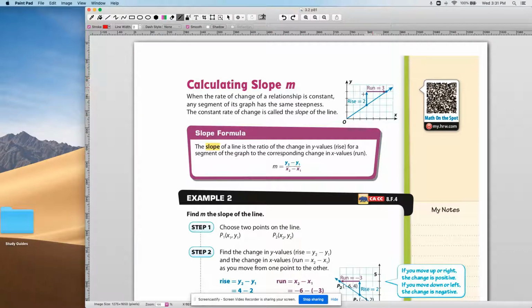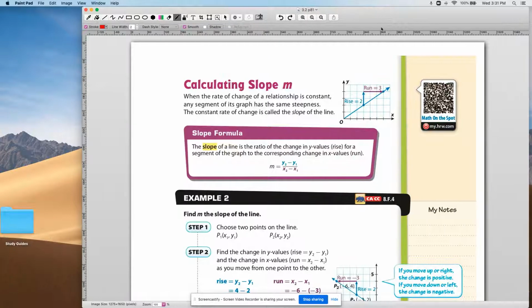And here is that slope formula. And it is slope, and we always use m for slope, is the change in y, y2 minus y1, over the change in x, x2 minus x1. And in earlier grades, we looked at it as the rise over the run.